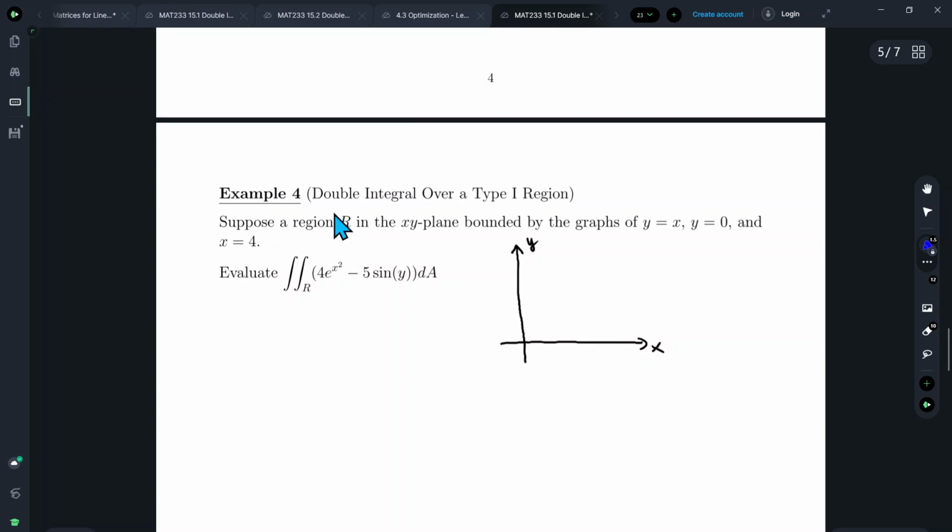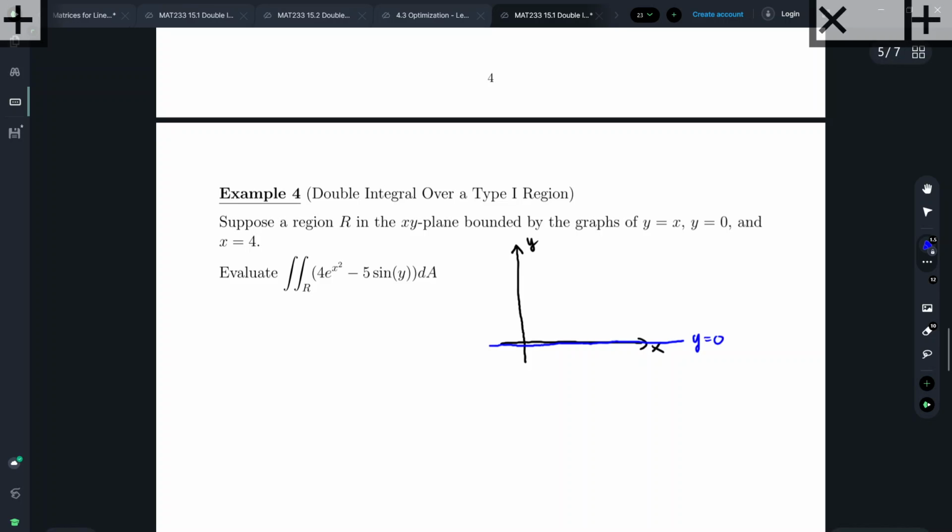So in example 4, we're given that the region R is bounded by the graphs y equals x, y equals 0, and x equals 4. So first, let's try to visualize this region. Right, so the line y equals 0 is just a horizontal line that's right on top of the x-axis.